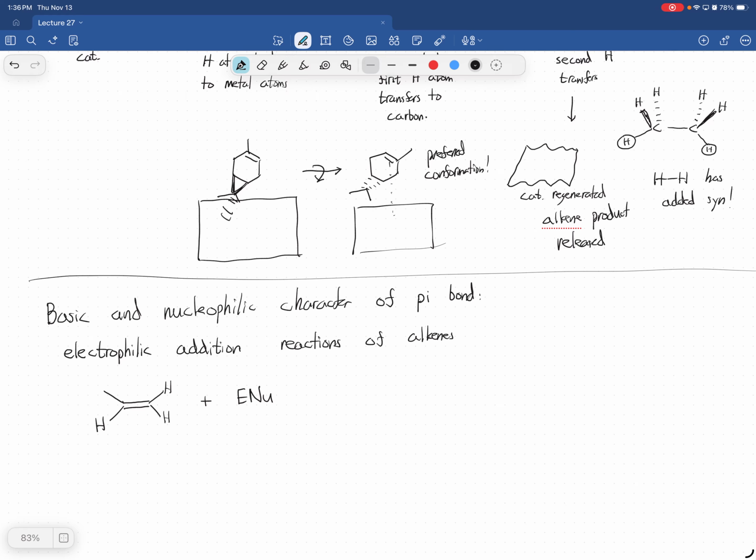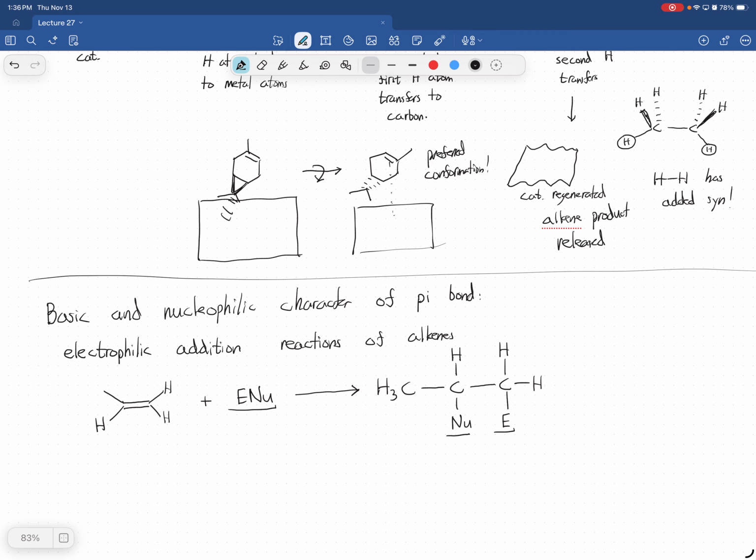It's usually an H, okay? And then what you get here is addition across the double bond of these two groups. So you see across this double bond, we have added both our electrophilic atom and the nucleophile.